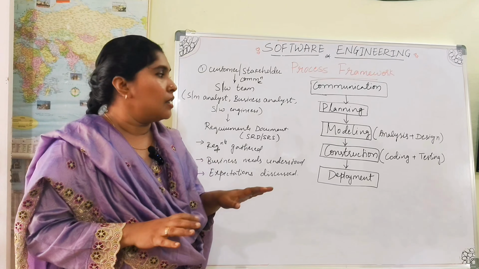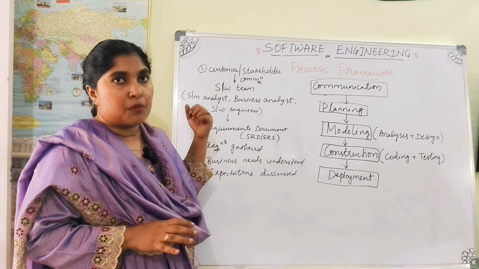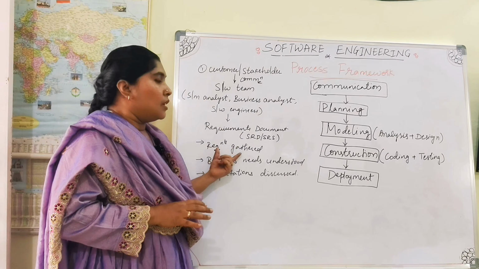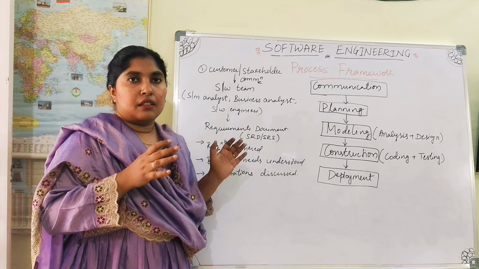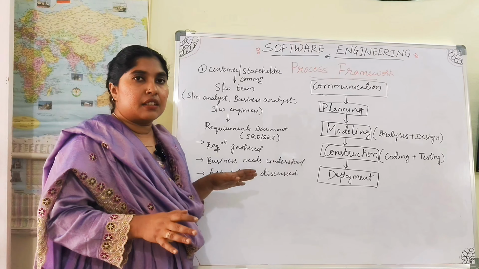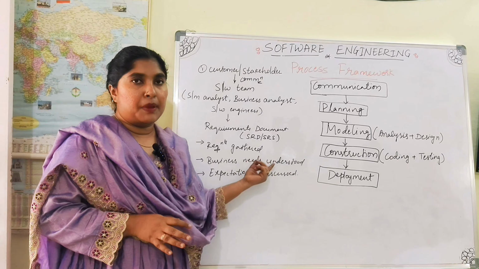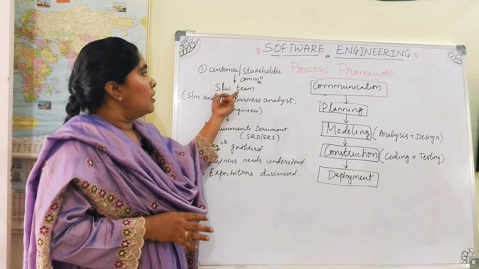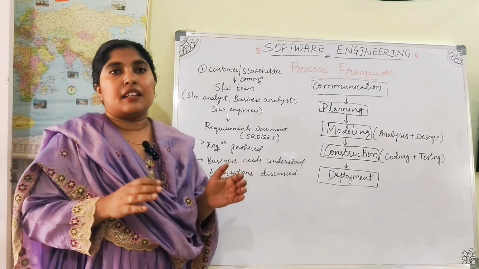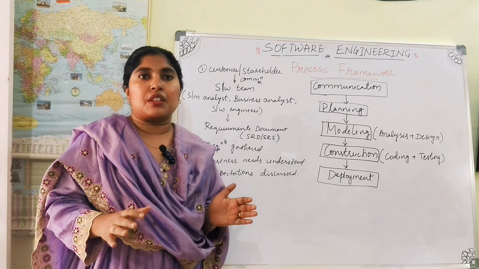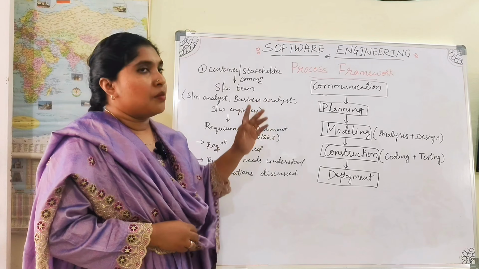The outcome of the communication step is that requirements get gathered: functional, non-functional, interface related and software related specifications, and the business needs will be understood clearly by the software team. Expectations like time duration, cost and budget are also discussed in the communication phase.